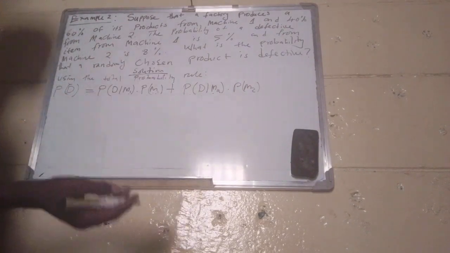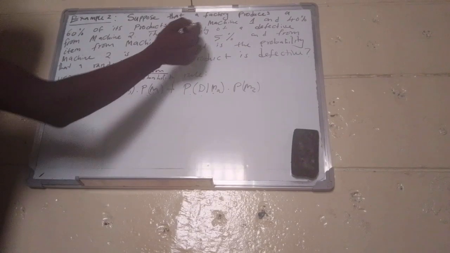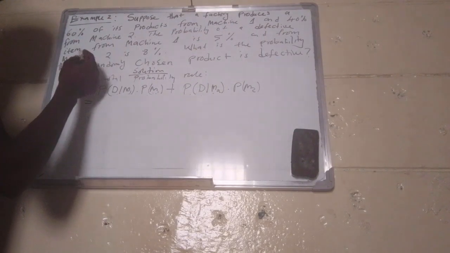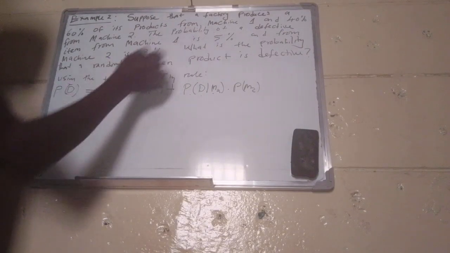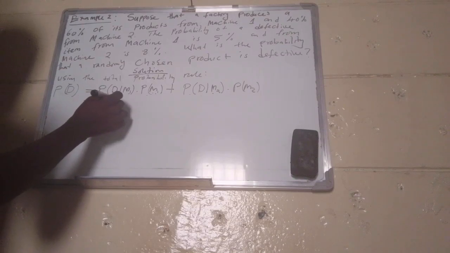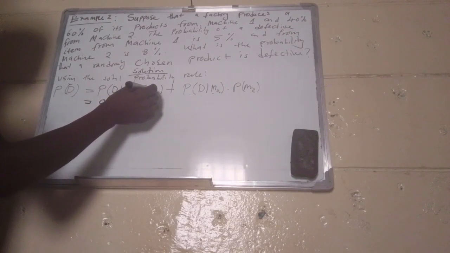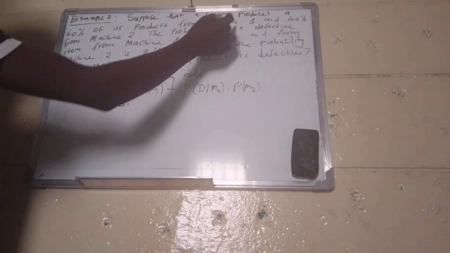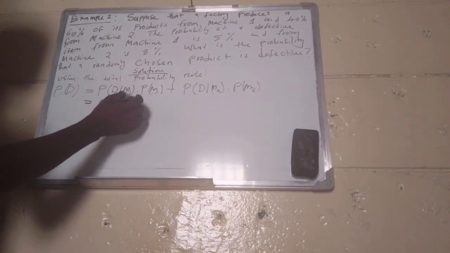Just replace now the values. What is the probability of D given that it is M1? The probability of a defective item from machine 1 is 5%, so this is 0.05, multiplied by probability of M1. What is the probability of M1? Its probability is 60%, which is 0.6.